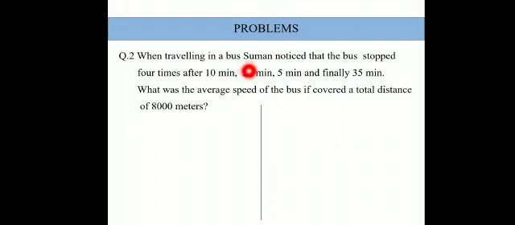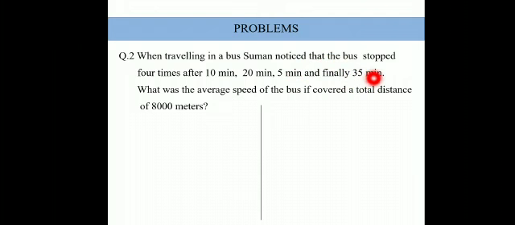Second time it stopped after 20 minutes. After stopping the first time, she started counting again, and after 20 minutes from there it stopped a second time. Third time, it stopped after 5 minutes. And the fourth time, finally, it stopped after 35 minutes.